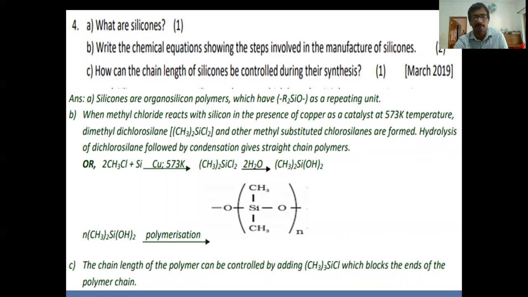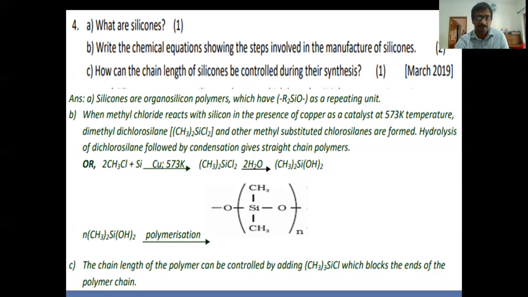It is not compulsory that you have to use methyl chloride; any chloroalkane can be used. So dialkyl silicon chloride will form. That on hydrolysis gives a dialkyl silanediol, which will undergo polymerization to form silicones. This inorganic polymer is important, you study it well.